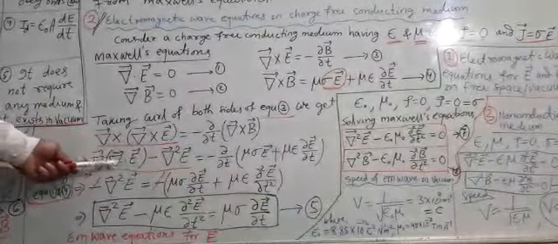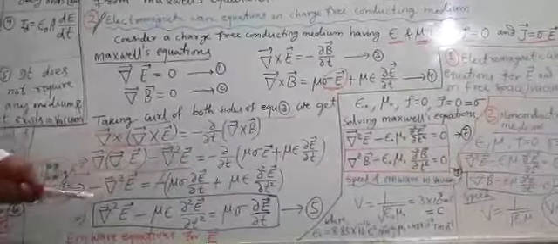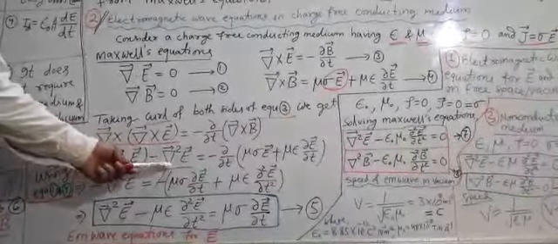So it is gradient of divergence of E minus del square E, where del square is the Laplacian operator.